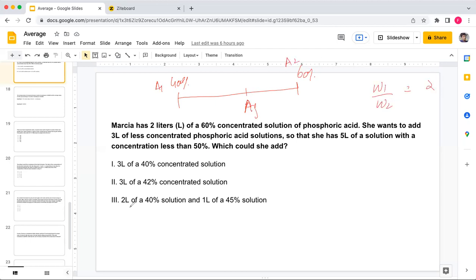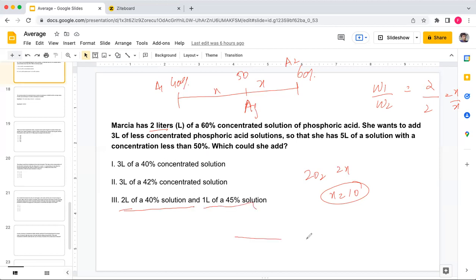That is 2, this one, and this one, this is x by x. So this is simple. 60 minus 40, 20 is equal to x plus x, 2x. x is equal to 10. So this is 50, right? So considering the first, we get a solution of 50%.